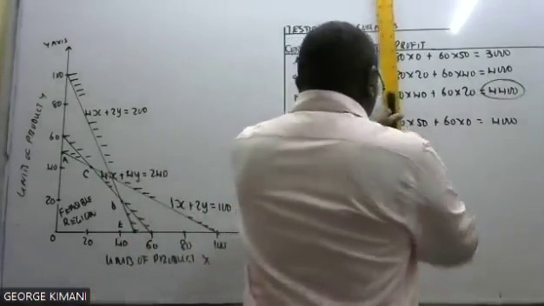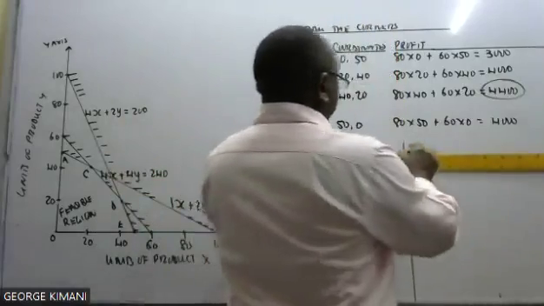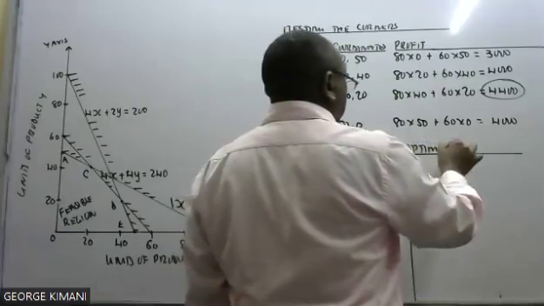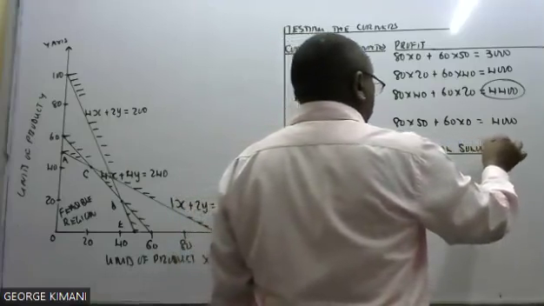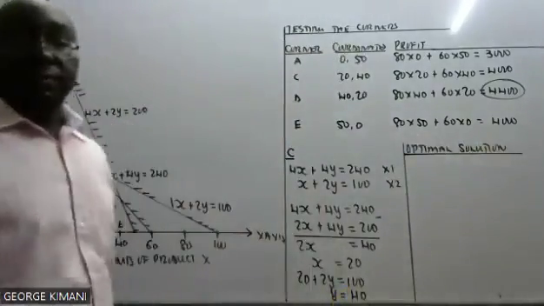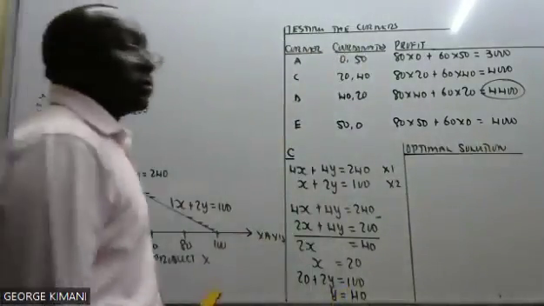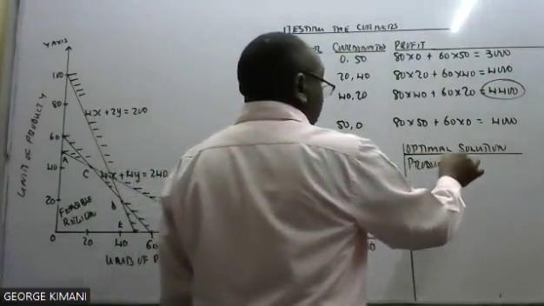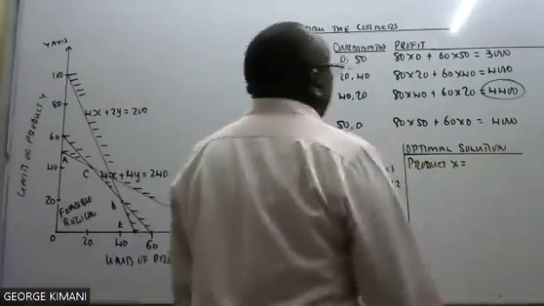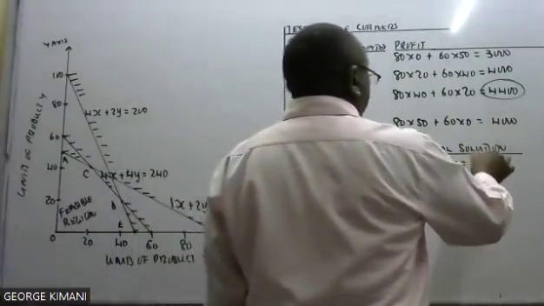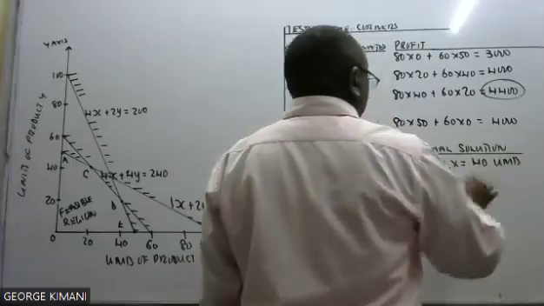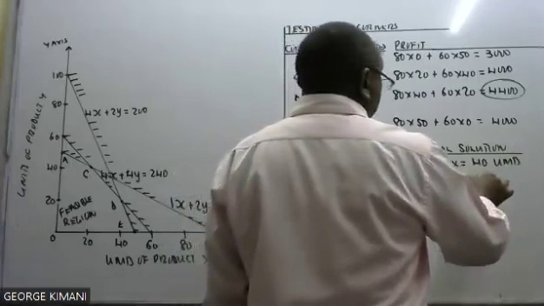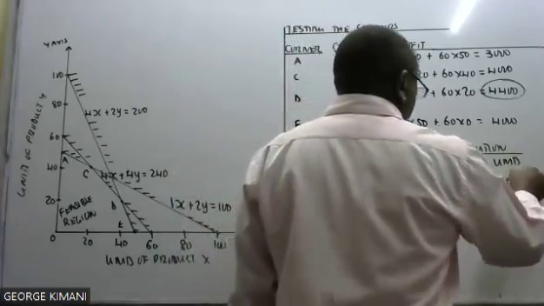So down there now, you tell us the optimal solution. The optimal solution is that product X, we are going to make 40 units. Product Y, we are going to make 20 units.